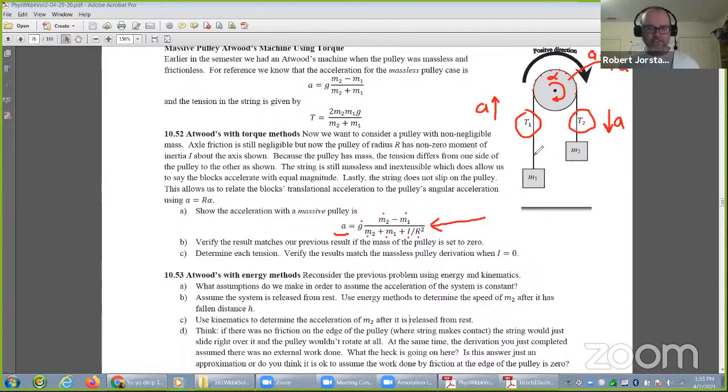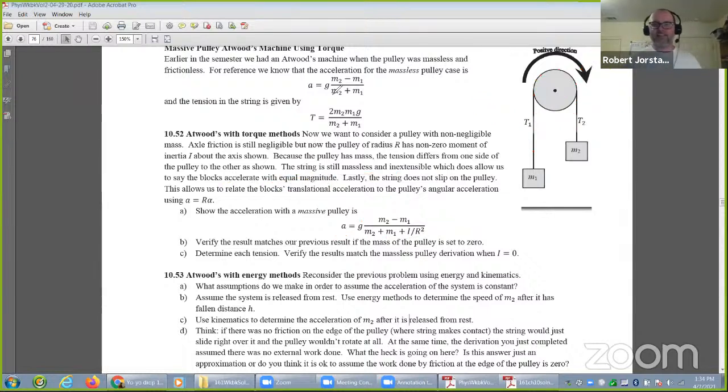If this was a heavy chain, as you bring more and more mass to this side, M2 and M1 would effectively not be constant. M2 would be getting bigger and M1 would be getting smaller if you used a heavy chain instead of a light, inextensible string. Again, we have a massless, inextensible string, so the blocks accelerate with equal magnitude at a constant rate.